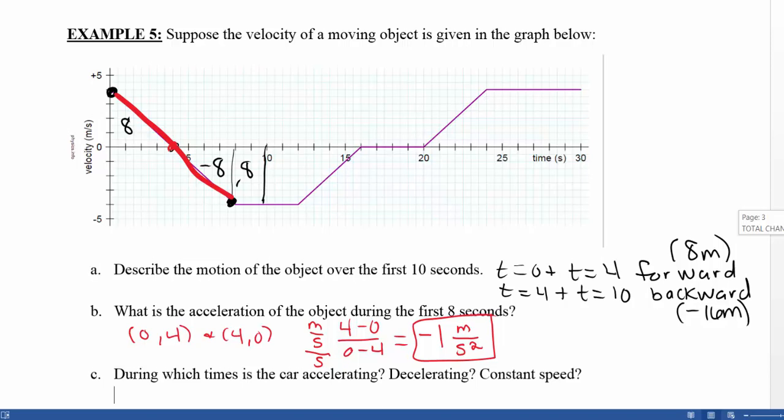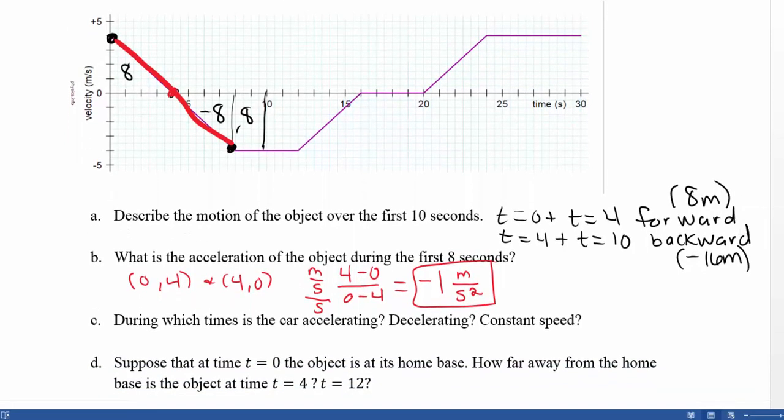So for acceleration, we want to know, when is this function increasing? So A for acceleration. What looks like this is at 12. So from 12 to 15, that function's increasing. So we're accelerating from time equals 12 to time equals 15.